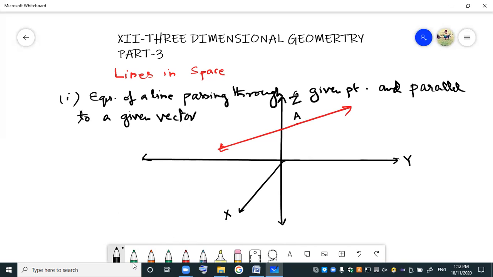This is a point A from which this line is passing, and this line is parallel to a given vector.